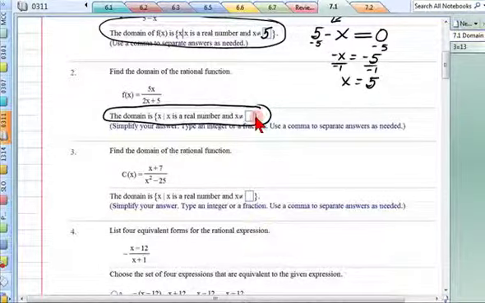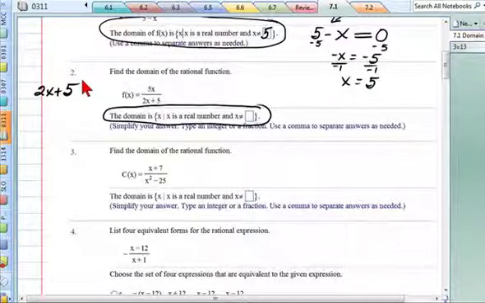I described this just a second ago. Okay, we're going to write an equation. What equation? What do you not want to happen? I don't want the denominator to equal 0. So I take 2x plus 5, which is the denominator, and I break the rules.